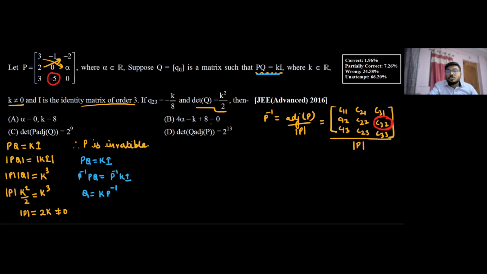So this minus K by 8, what is minus K by 8? It is Q23, which is equivalent to K times P inverse. And in P inverse, only this element corresponding to the cofactor of the minus 5, which comes out to be 3 alpha plus 4.